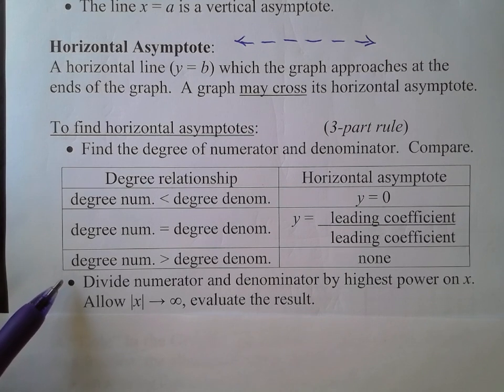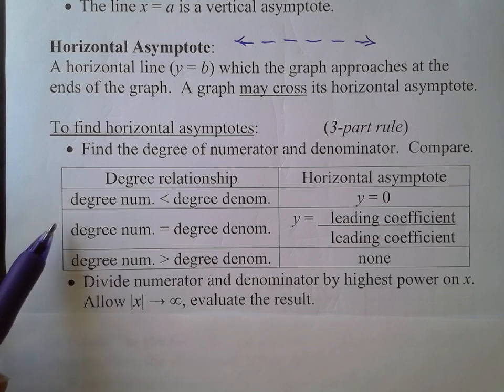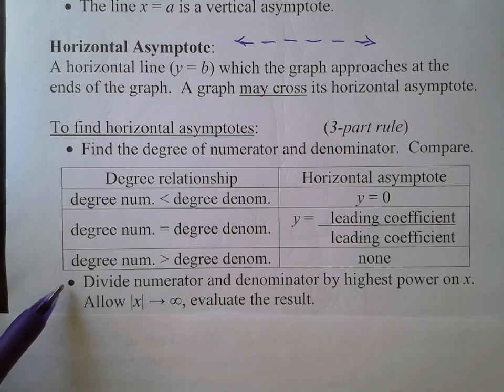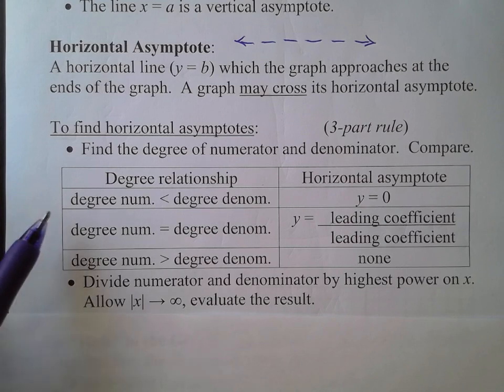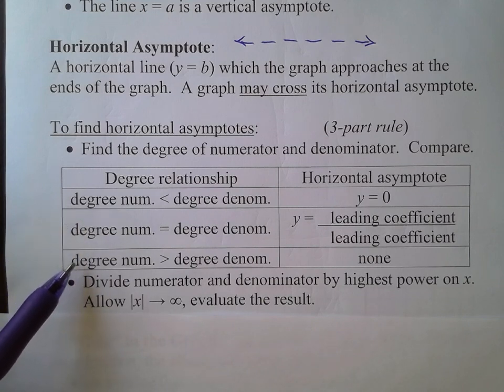The three-part rule is a little bit of memorization, so there's that, whereas the second method here is more of a process that you could carry out. Maybe there's less to memorize there. I don't know. I'm leaving that up to you. Okay? So there's three possibilities for this three-parted rule. We're going to compare the degree or the highest power on x in the numerator versus the denominator.